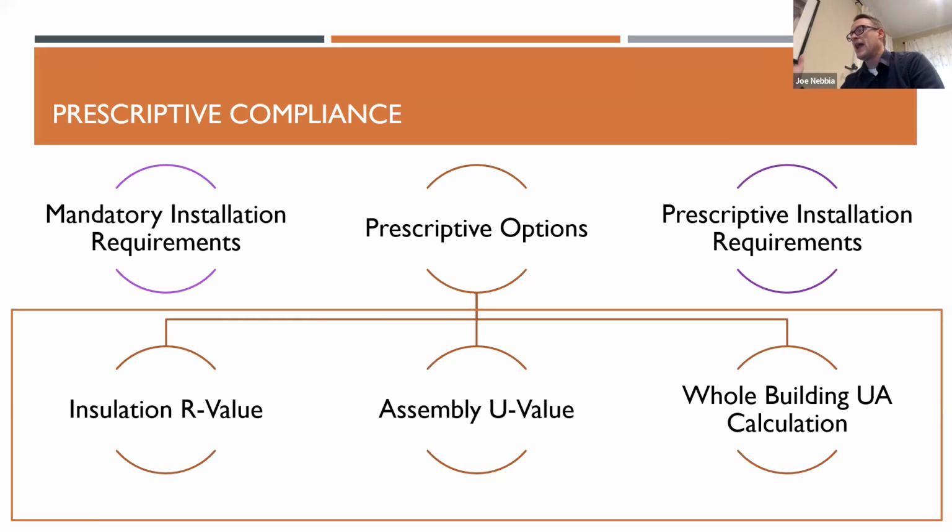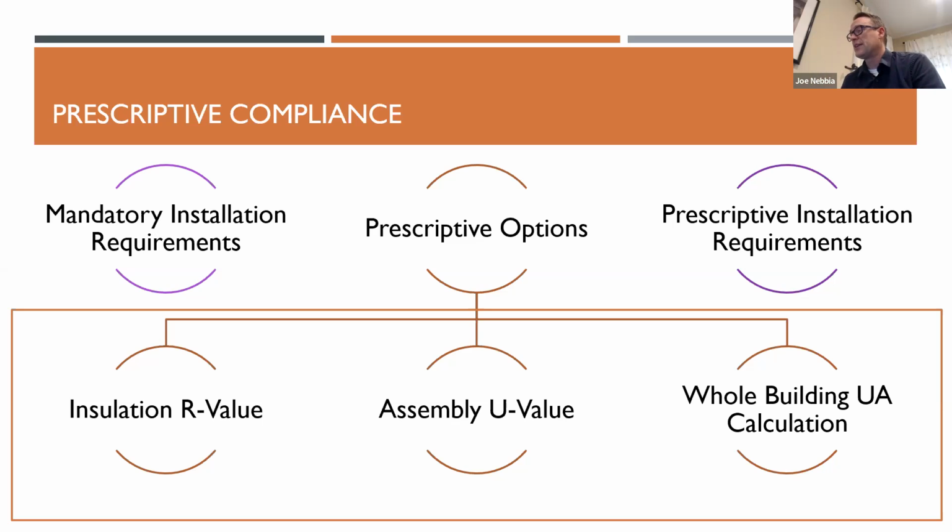Maybe move some out of the attic and into the walls, or vice versa. Maybe have better windows and less insulation, or better insulation and worse windows. All of those are options in the UA calculation. All of those are found within the prescriptive path. It's not a performance calculation. So that's important to know.